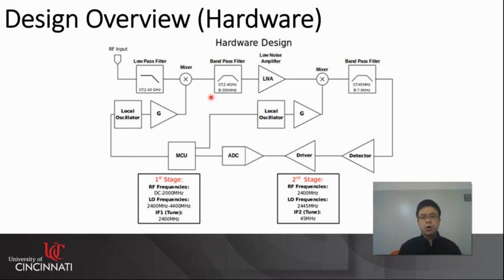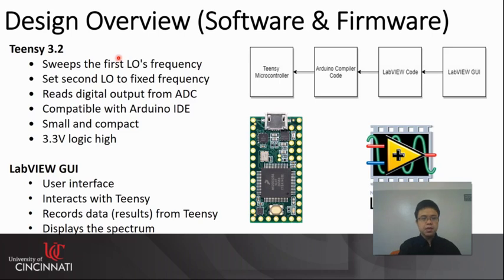While sweeping this array of frequencies, the Teensy is going to record any specific frequencies at which the second IF produced has a frequency of 45 megahertz, and then the Teensy is going to back calculate the frequencies existing in this input signal.